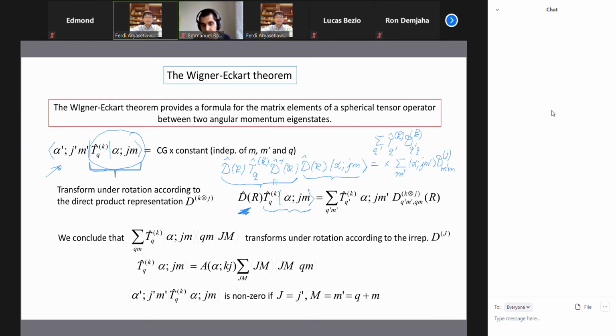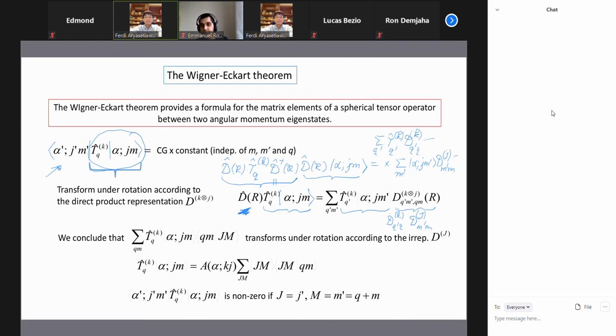So we see that this object here transforms under rotation according to the direct product representation, because this thing here is just the product of these two, d^k q times d^j m prime m.